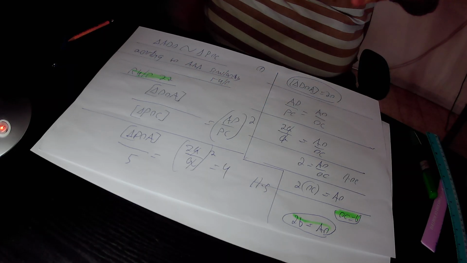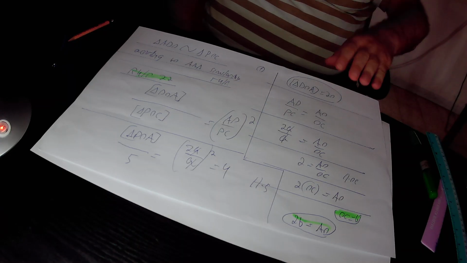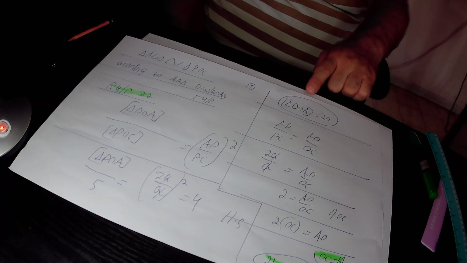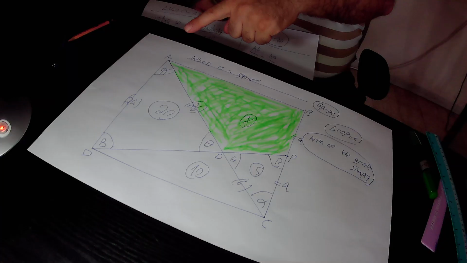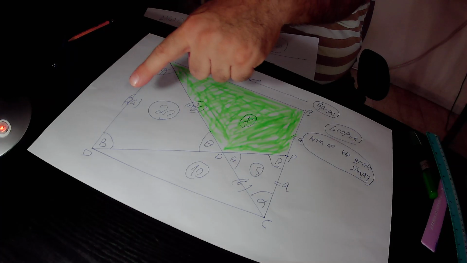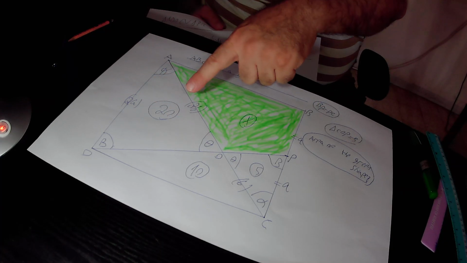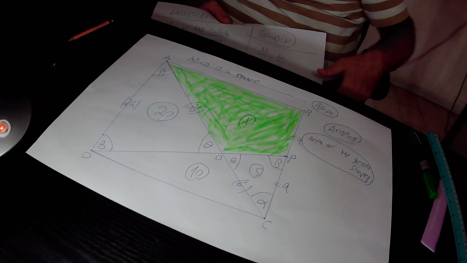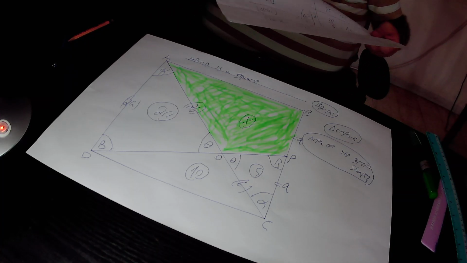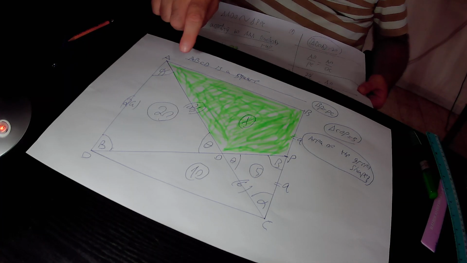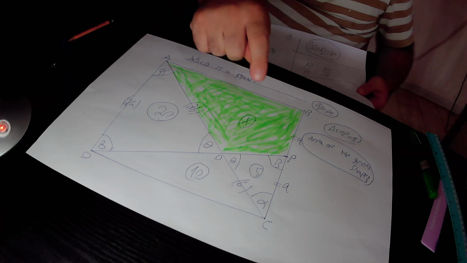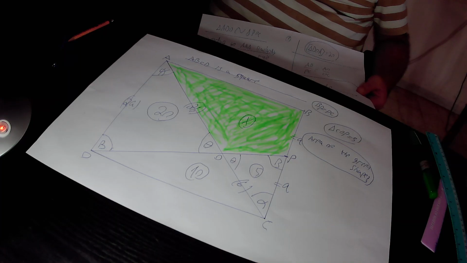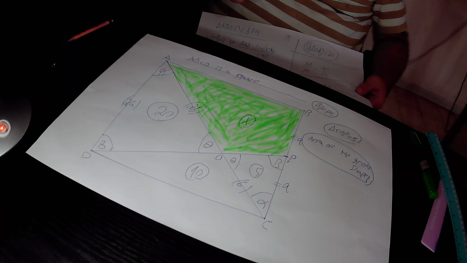If we multiply this equation by 5, we finally find out that the area of the big triangle DOA equals 5 times 4, that is 20 square units. So this is the area of the big triangle DOA. Because the big triangle DOA is similar to the small triangle POC, the following relationship exists between their sides.